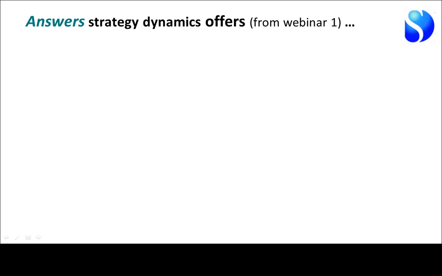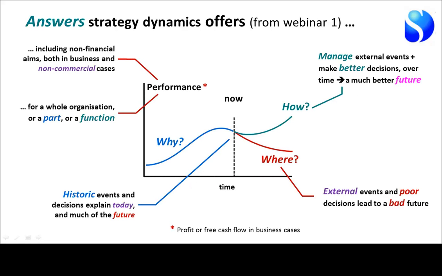We started in webinar 1 talking about the fundamentals of what the answers are that Strategy Dynamics offers, and we talked about this chart, which lays out the 3 key questions. Why has the performance of the situation got to where we are today? Where might that performance go if things don't go so well?